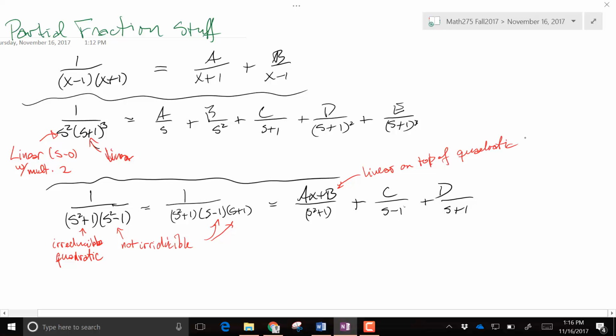So you need a linear term on top of an irreducible quadratic, and then you just have constants for all the other linear terms. Are there any other things that you vaguely remember from partial fractions that we might need?